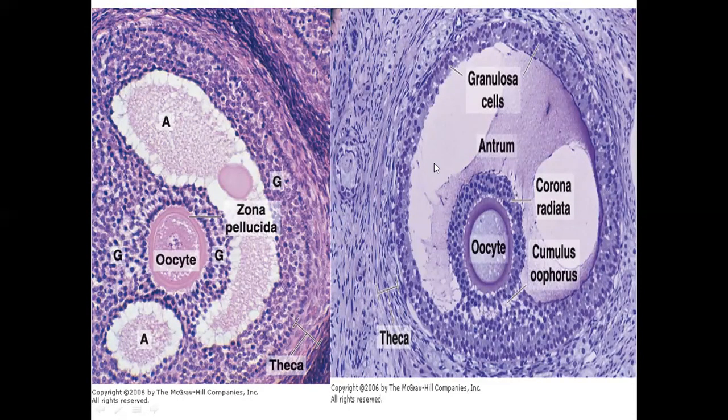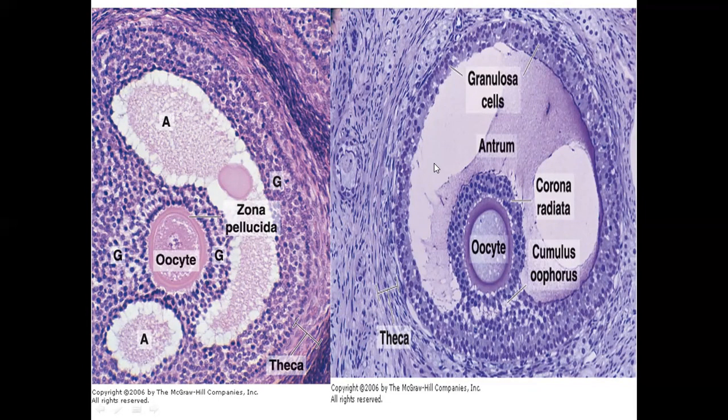Again, two developing follicles. One is fully matured, which is on the right side. It has an antrum, and the oocyte is pushed towards one of the corners of the developing follicle, surrounded by different granulosa cell layers.